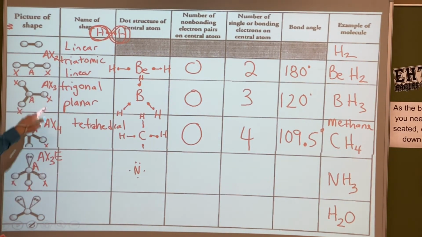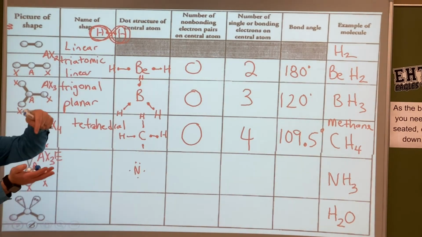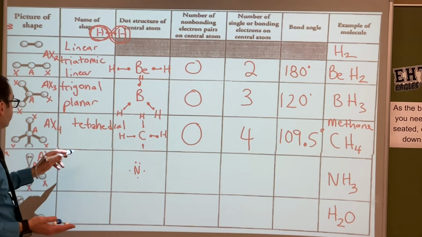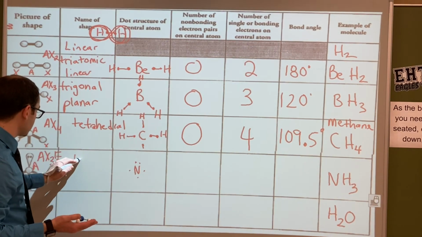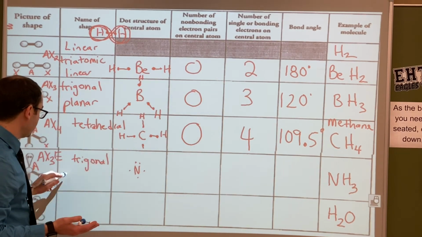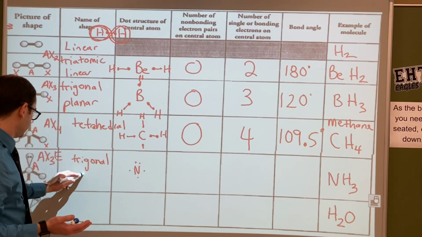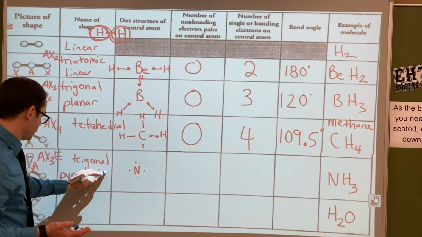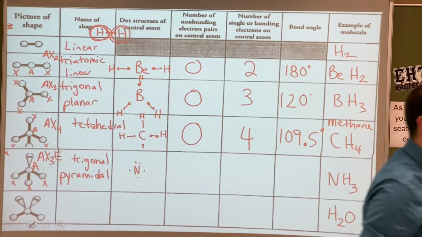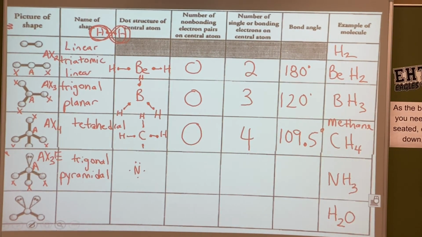The difference between those two are the electrons, and the electrons being on the top force the other atoms to go down, and that gives this shape what it is. So this one would be trigonal pyramidal. All right, so that's our shape for this one, trigonal pyramidal.